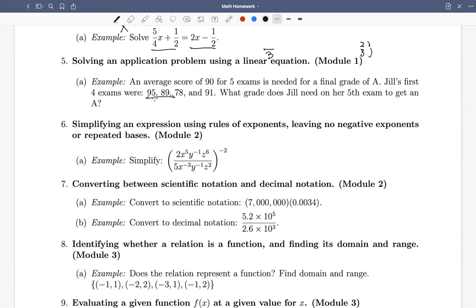Okay. So 95 plus 89. How would I add those two? Because 89 plus 1 is 90, right? So I borrow 1 from 95 to make 89 into 90. Then 90 plus 94, that's 184. Let's write 184 here. Then I add 78 and 91. Well, 91 has 1 more, so I give this 1 to 78, that makes it 79.